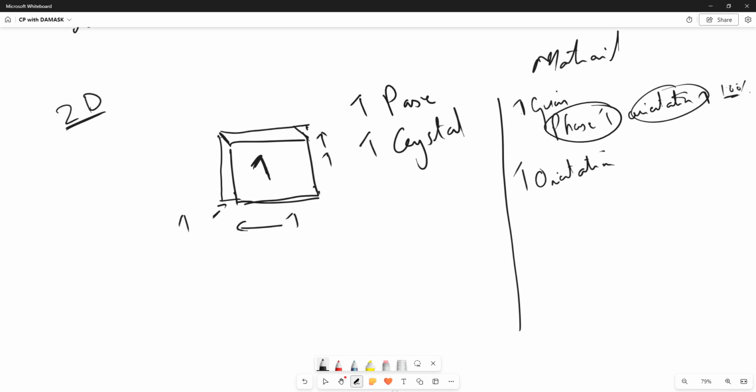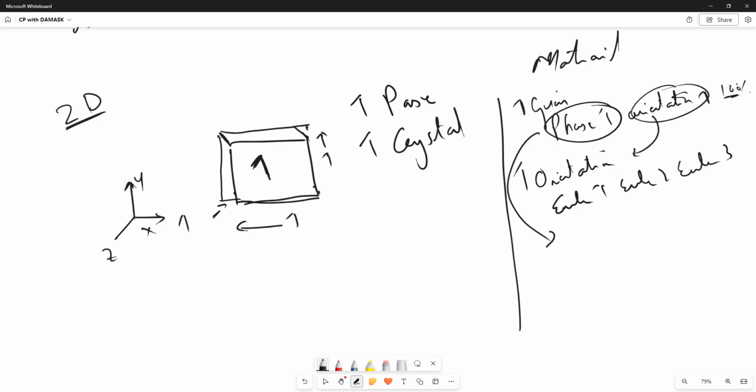This grain has to define its specific orientation with respect to my reference coordinate system. So it will have information about Euler 1, Euler 2, Euler 3.